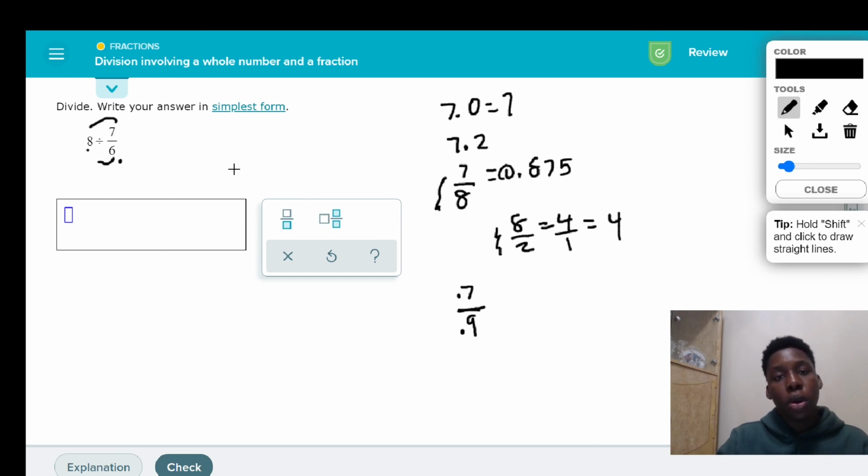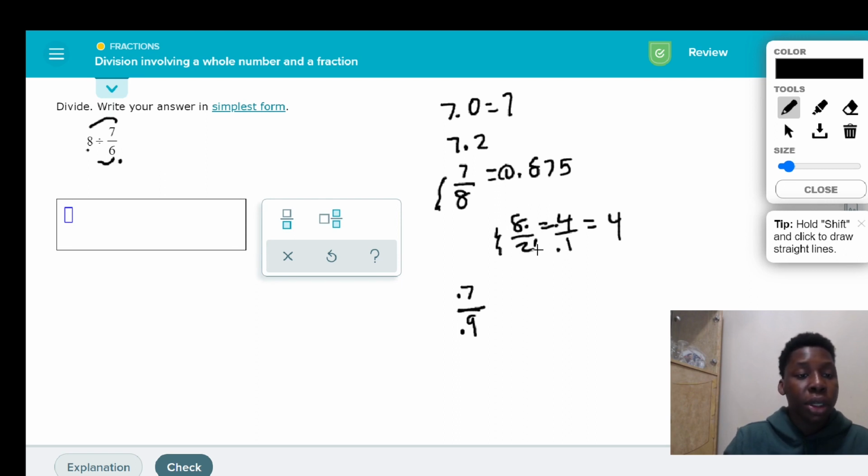So in this case, the 8 had a number that could divide it, and that could also divide 2. That number was 2. 2 could divide 8 here, and 2 could also divide 2 here. So when we divided 8 by 2, it gave us 4, and when we divided 2 by 2, it gave us 1.